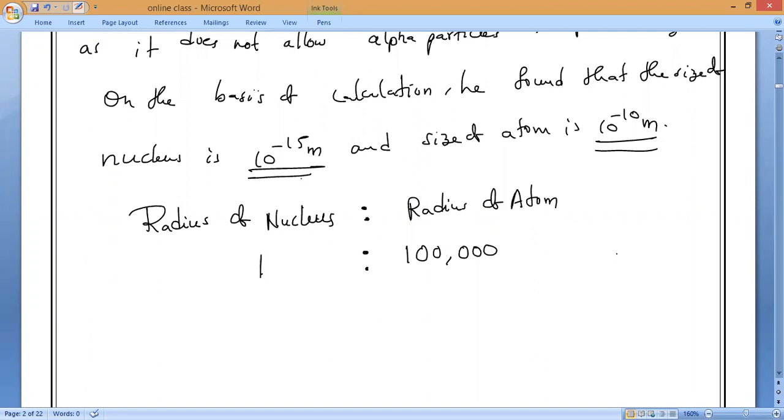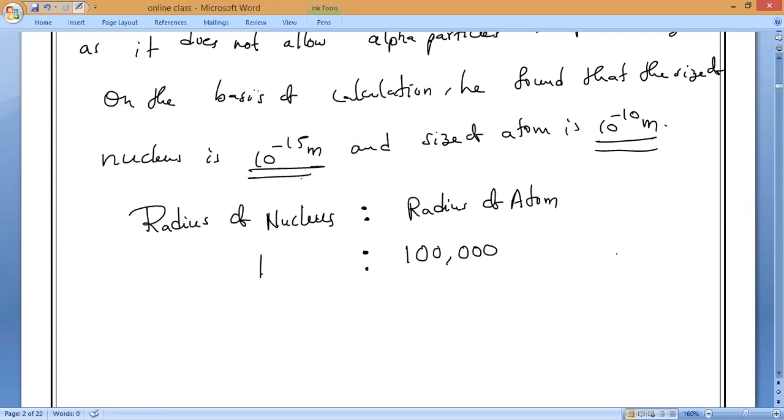Imagine, in 1911 Rutherford conducted this experiment and made some conclusions. After 1932, almost 20 years later, the third subatomic particle was discovered, which we call neutrons.